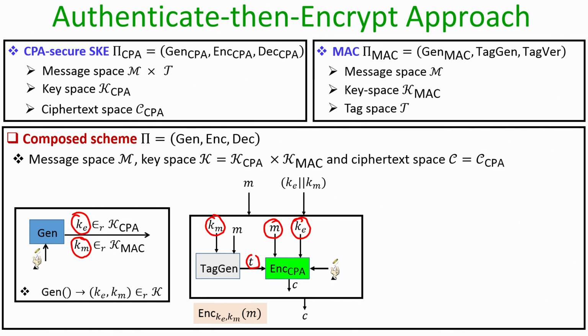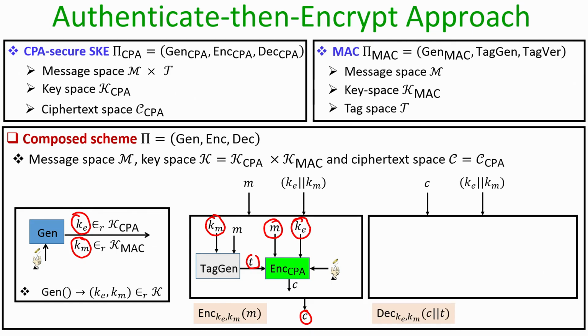The overall cipher text from the composed scheme is considered to be C, and that is why the name Authenticate-then-Encrypt. We are first authenticating the message and treating the tag as a part of the plain text by appending it to the plain text, and then the appended plain text and tag is encrypted as per the underlying CPA secure scheme to obtain the overall cipher text of the composed scheme.